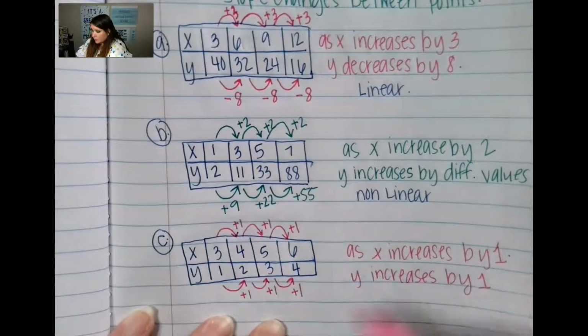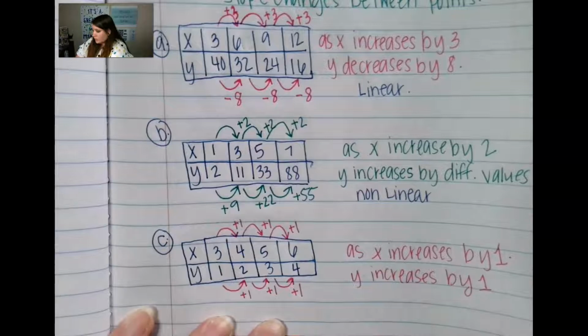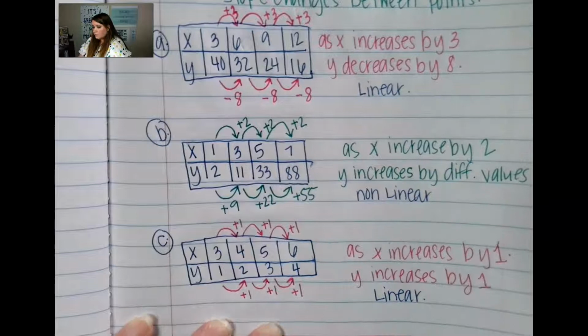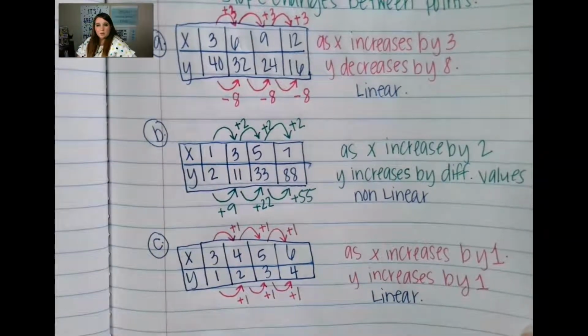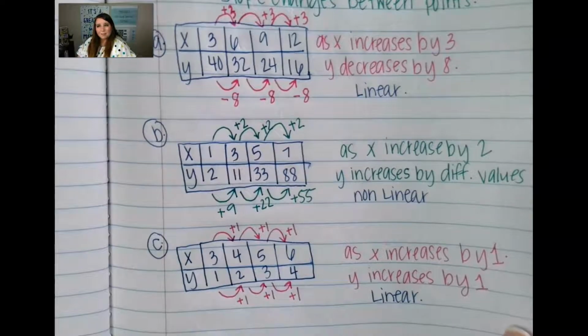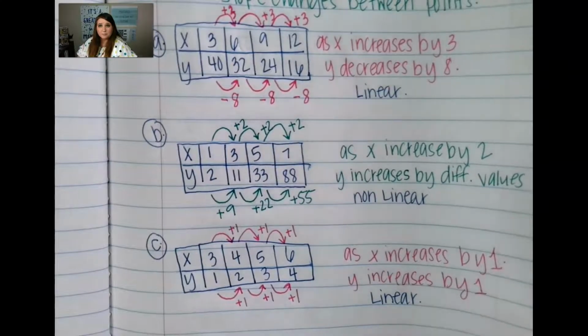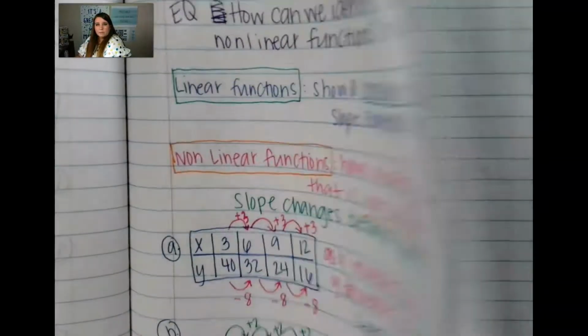So this example here is linear because it has a constant rate of change. The change in the x is consistent with what's happening to the numbers on the bottom. There's no change. Okay, we're going to do one more example before I give you your try-its.